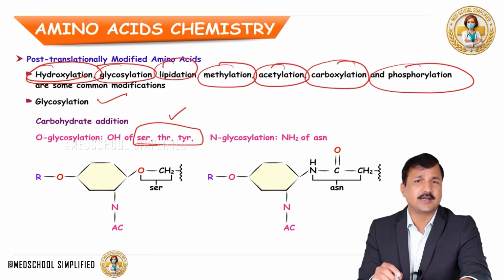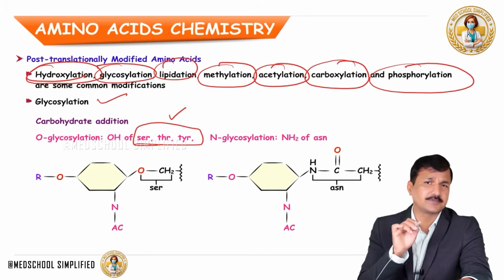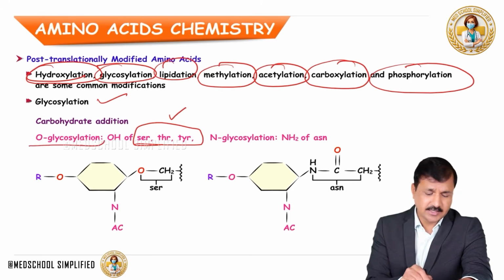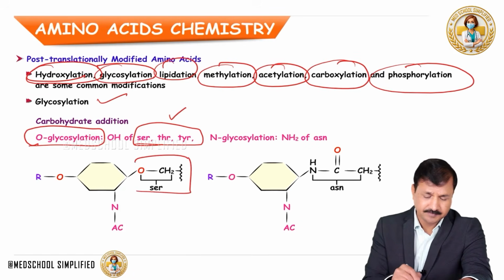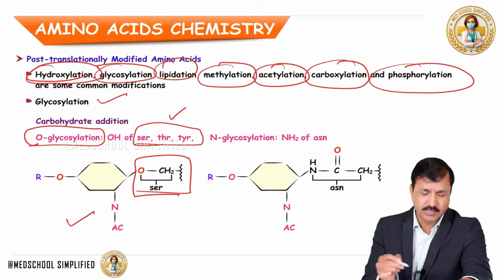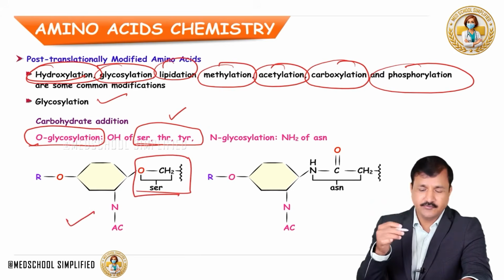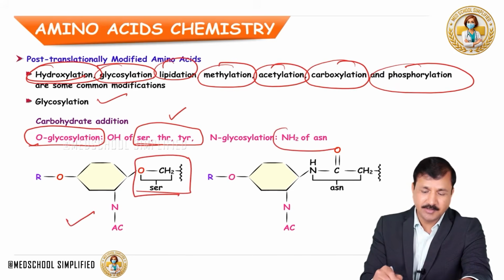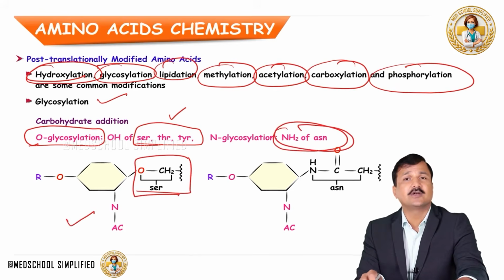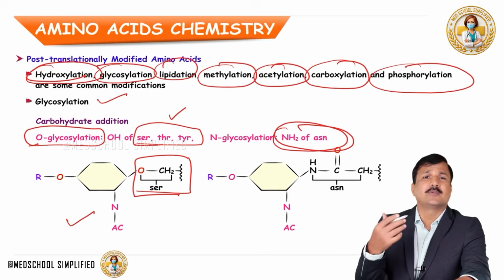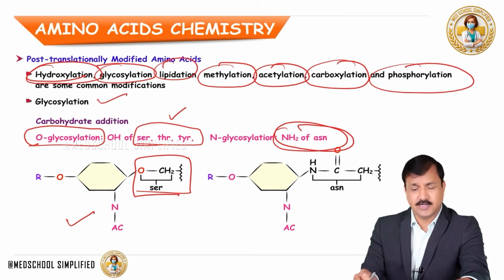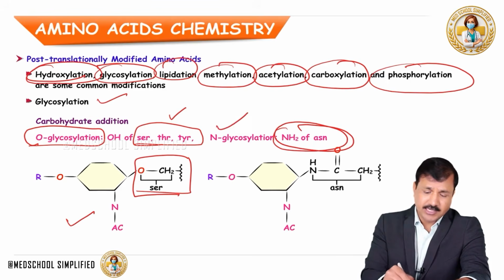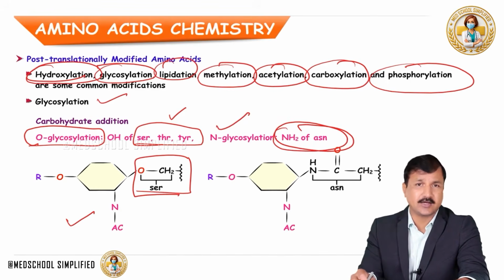That type of carbohydrate attachment to the hydroxyl group of serine, threonine, tyrosine is referred to as O-glycosylation, O linkage. Here is the O linkage: the hydroxyl group is attached with the carbohydrate. Now, if a carbohydrate is attached to the amino group of asparagine, a polar but neutral amino acid, that type of attachment we call N-glycosylation.